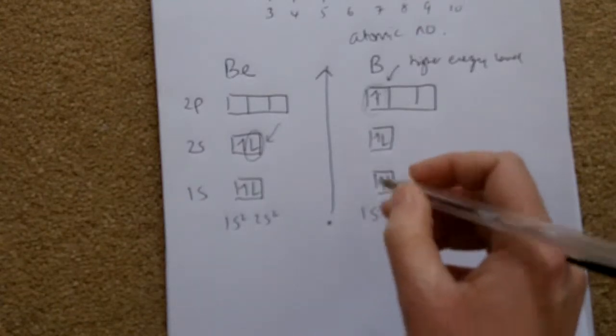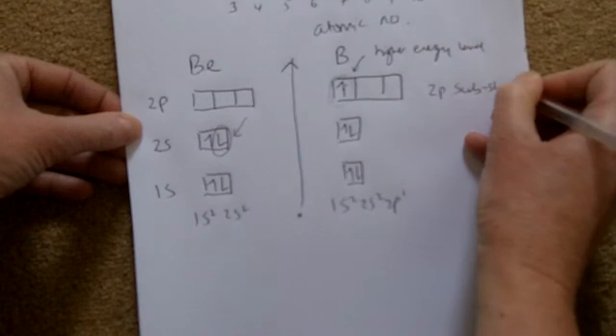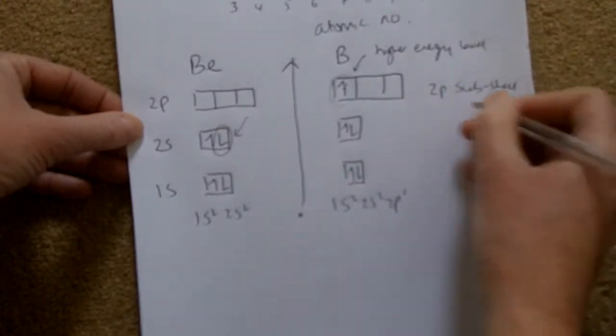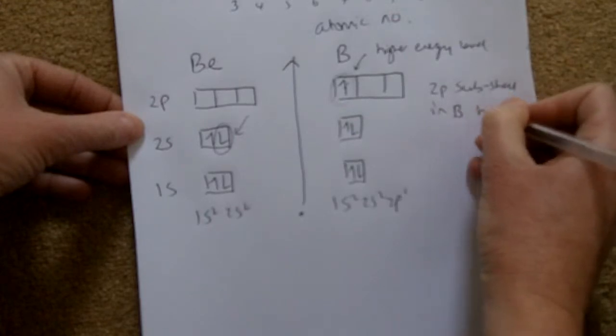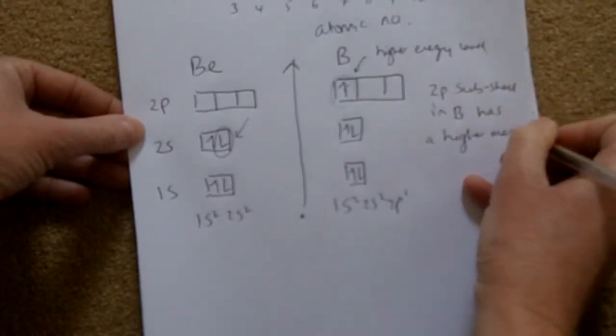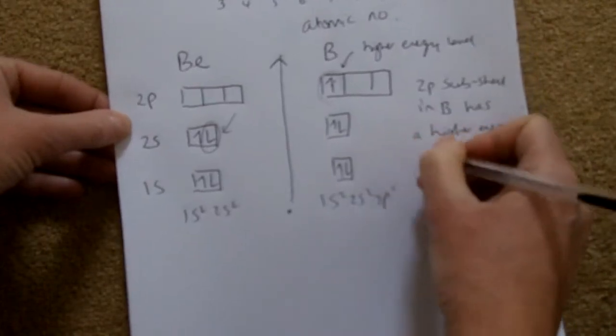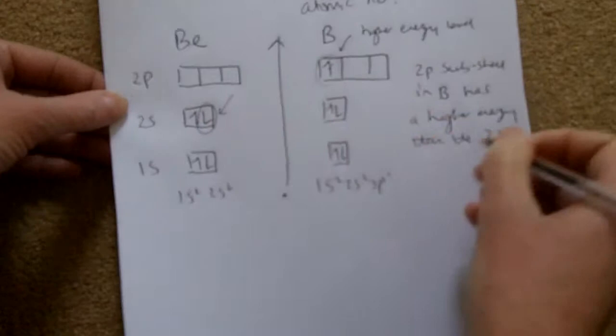So the 2p subshell in boron has a higher energy than the 2s subshell in beryllium, because remember, you fill the 2s first.